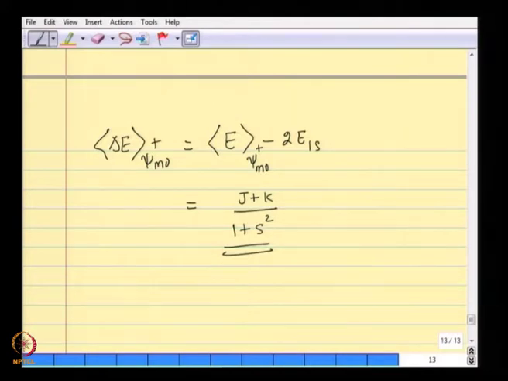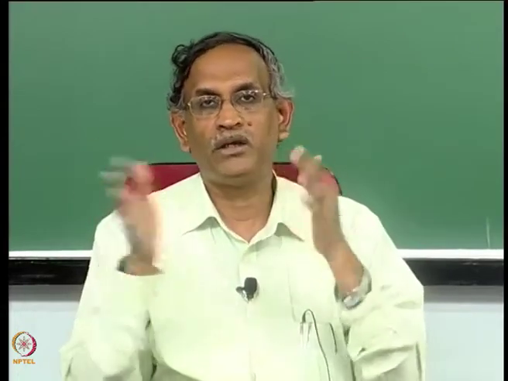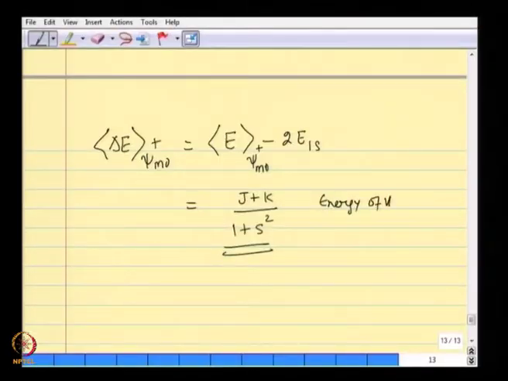Both J and K are negative, S is positive, and therefore you see that the delta E plus is now negative, which means that as the hydrogen atoms come together as a function of R_AB, the internuclear distance, there is attraction, and until R_AB becomes sufficiently small for this whole thing to become positive, the energy is decreasing, and therefore there is an optimal distance of R_AB at which the energy is minimum, and this is what is called the bonding energy or energy of the bonding orbital, of the valence bond orbital.